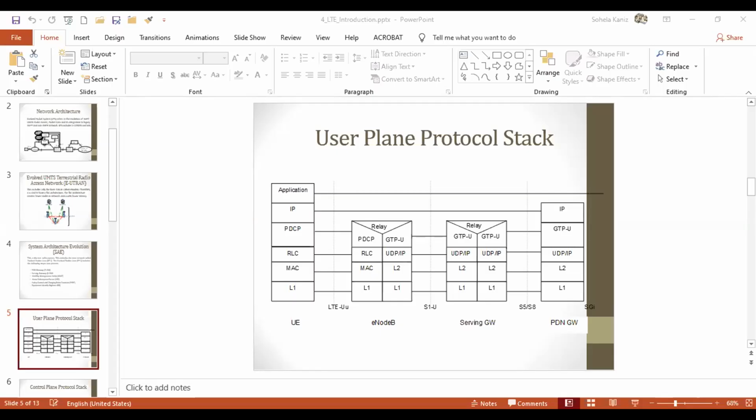At the IP layer, as I said, the PDN gateway manages IP. So there will be some communication about IP, but the actual packets are just forwarded. Like the serving gateway forwards the packets, it also forwards them to the internet backbone.